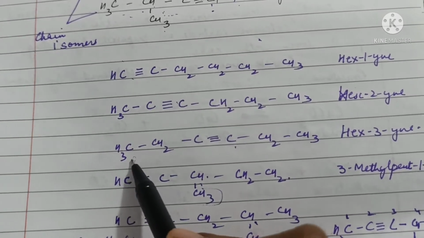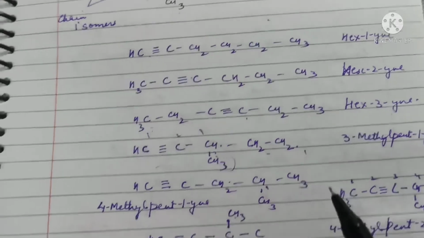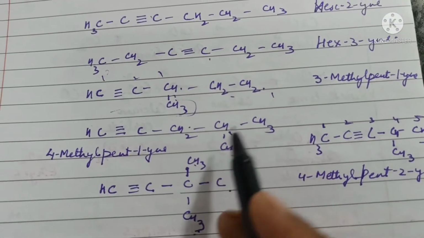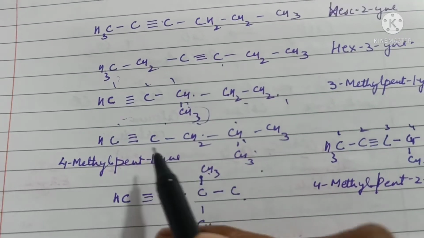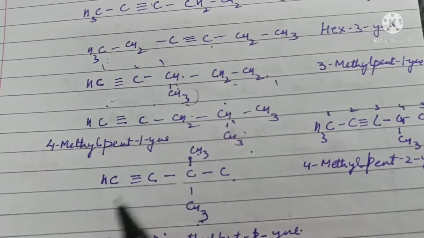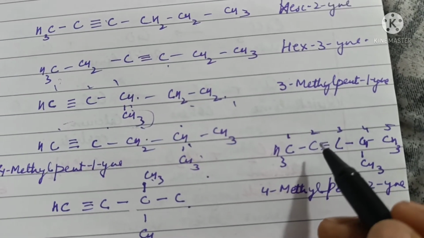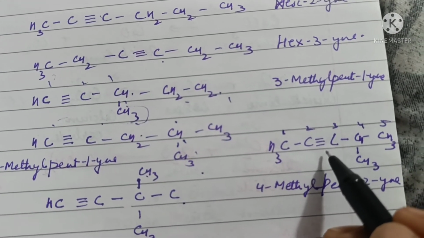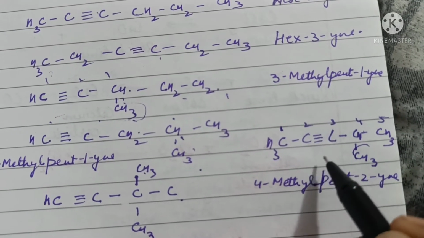This is, we start the numbering from this end. So this is 3-methylpent-1-yne. This will be 1, 2, 3, 4. 4-methylpent-1-yne. This compound with the triple bond at the second carbon atom and methyl group at the fourth will be 4-methylpent-2-yne.